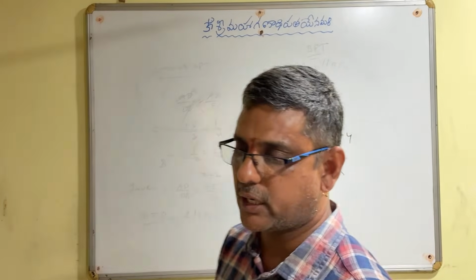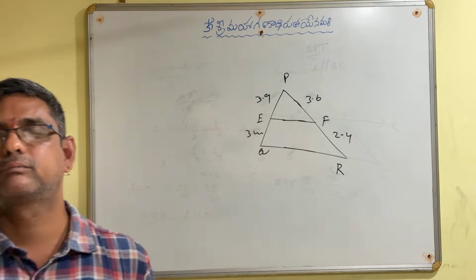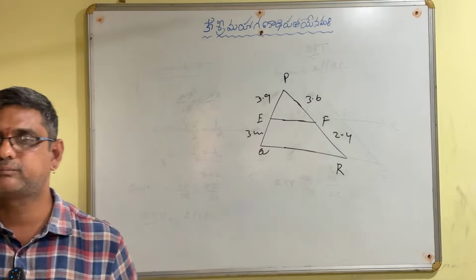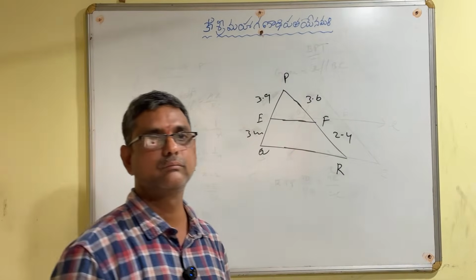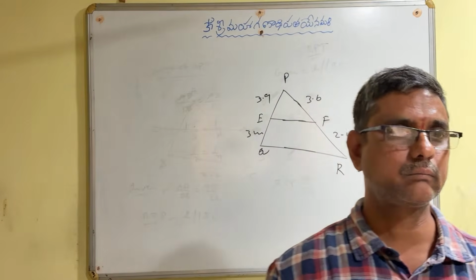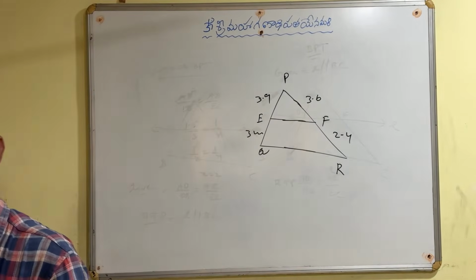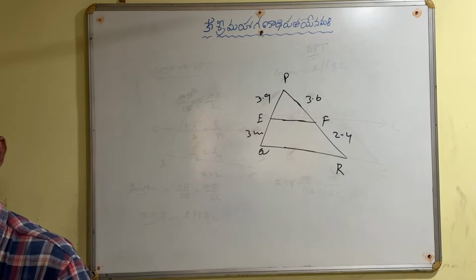What is your answer, children? Can we say that EF is parallel to QR? Waiting for your answer. What do we have to verify here?